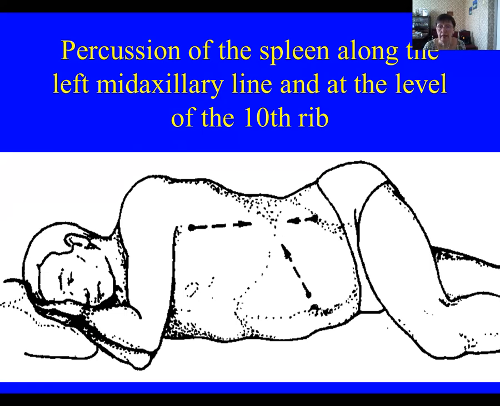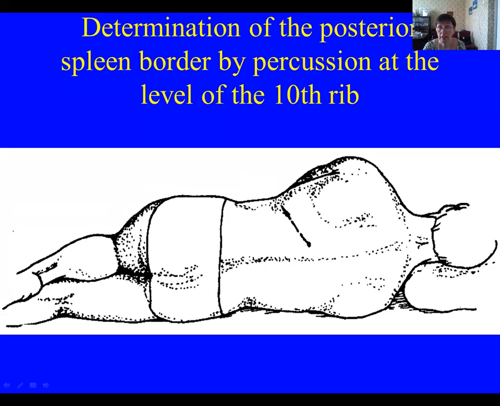We do it at the level of the 10th rib, you understand, because the transverse diameter of the spleen in the norm is from the 9th to the 11th rib, so we percuss somewhere in the middle. Then we continue percussion along the 10th rib on the back surface of the body, and we find the posterior border of the spleen.